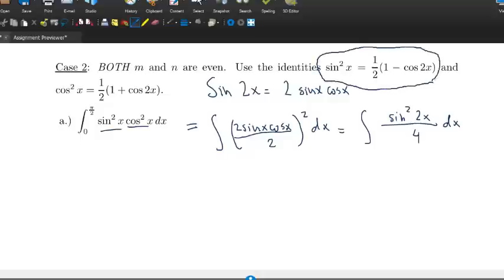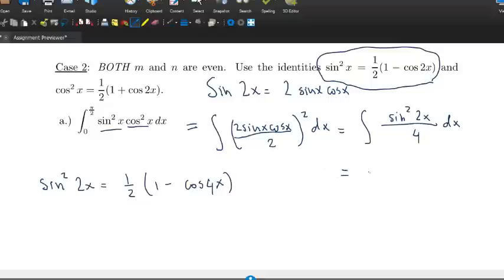So remember now, instead of x I have 2x, so let me write it separately here. Sine square 2x is 1/2 times 1 minus cosine of, but instead of x I have 2x, so here I will get cosine of 4x.